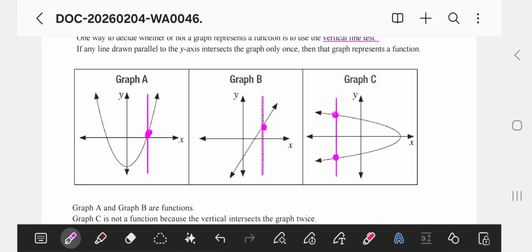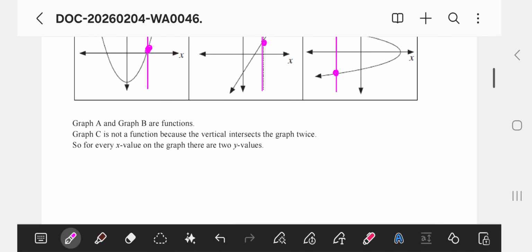That means that graph C is not a function. So here's what the vertical line test is about. We draw a single vertical line through a graph, and it is supposed to intersect the graph once, meaning that graph A is a function, graph B is a function. However, graph C is not a function.